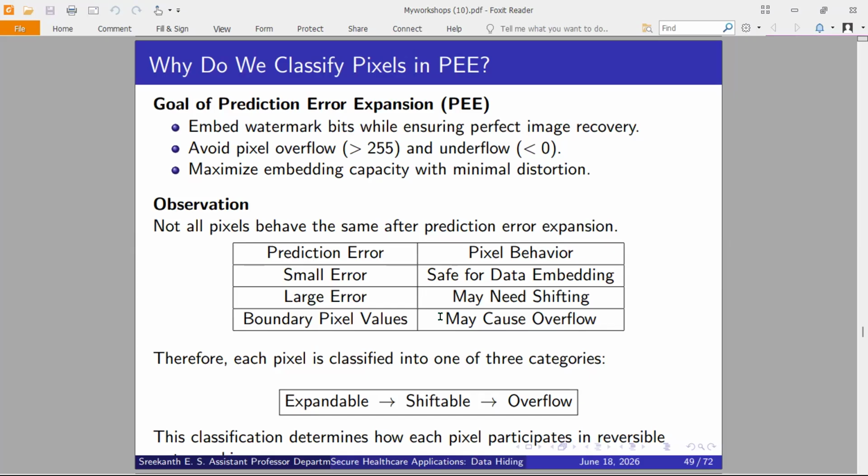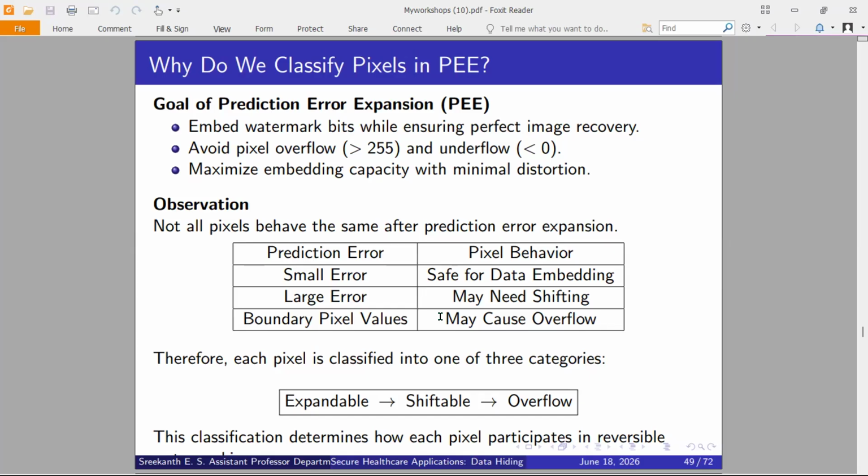Normal watermarking techniques are dealing with only the data. Reversible watermarking and reversible data hiding are both actually using the same techniques. So what is the difference?